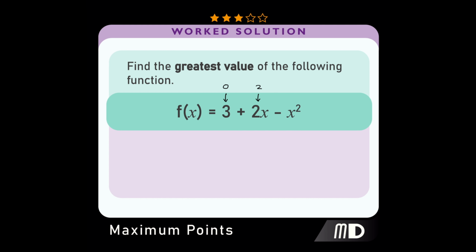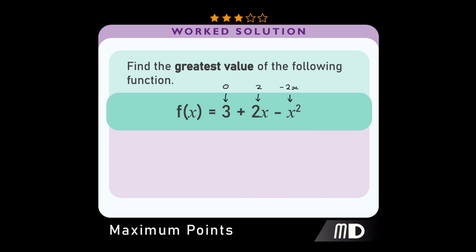Finally, to differentiate the minus x squared term, we multiply the coefficient of x, which is minus 1, by the exponent of x, which is 2, and decrease the exponent, which is 2, by 1 to become 1, which gives us the term minus 2x.